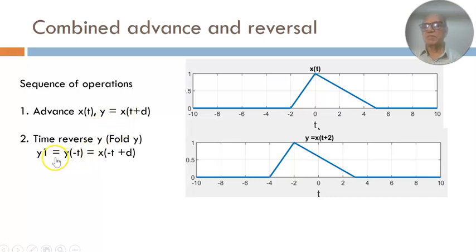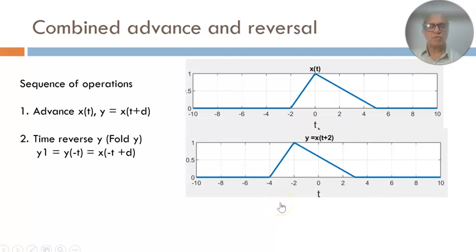So this becomes y1, y of minus t, that is x of (minus t plus d). Note that the time t is reversed now. So what will happen? Remember, along the y-axis you basically rotate the signal through 180 degrees, or another way of looking at it is you start from the end, read all the values backward and then plot them in the forward fashion.